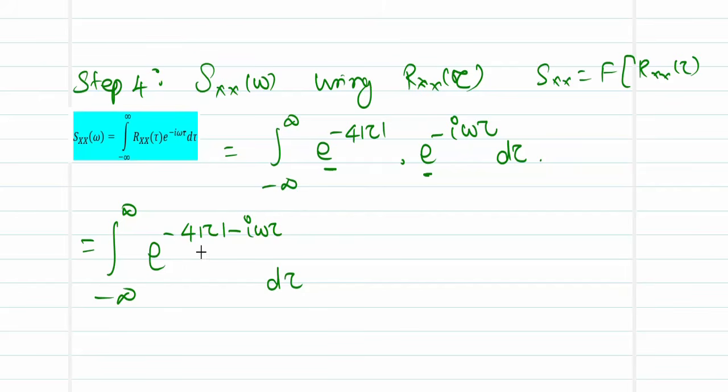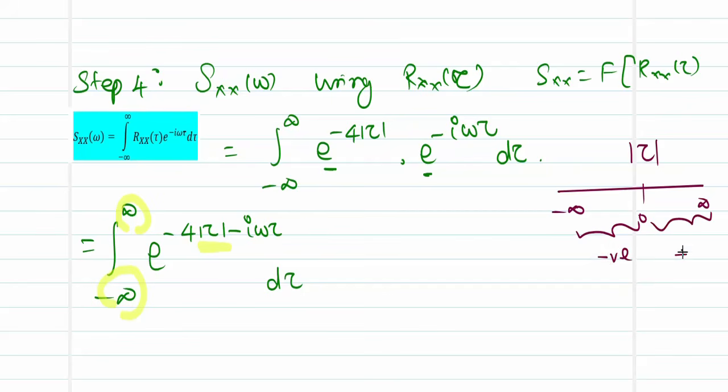Now coming to my second hint: whenever we have modulus over here, tau does not behave the same over the interval minus infinity to infinity. Between minus infinity to 0 it is going to be negative, and from 0 to infinity it is going to be positive.